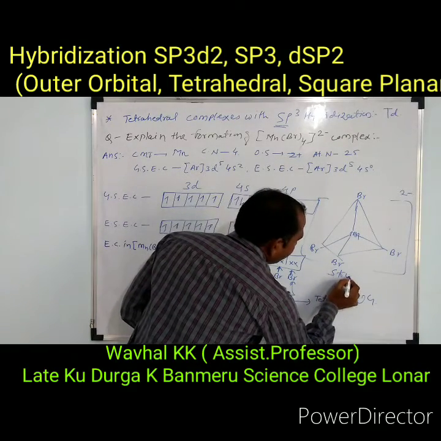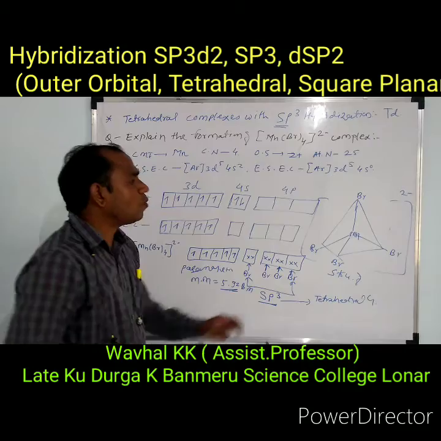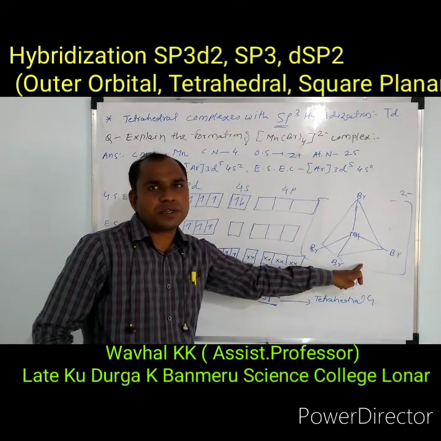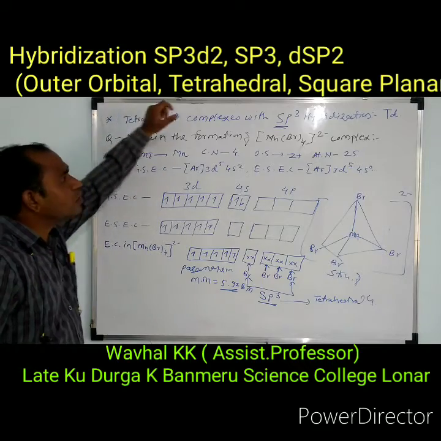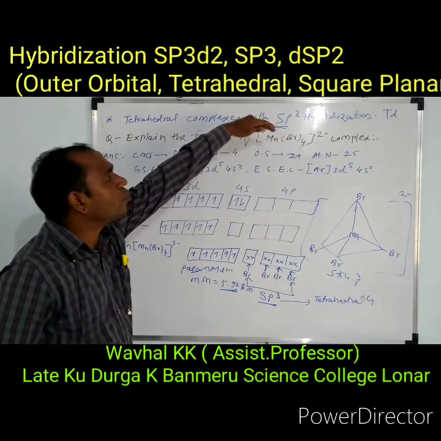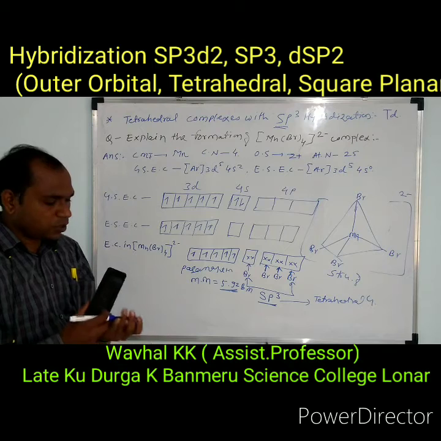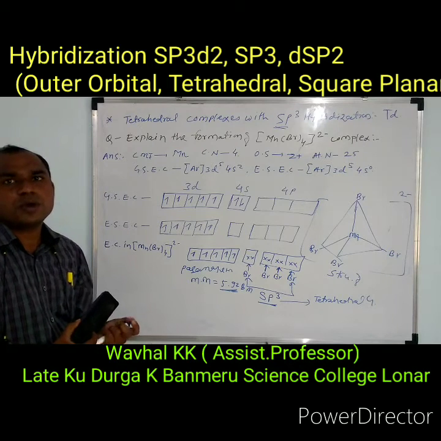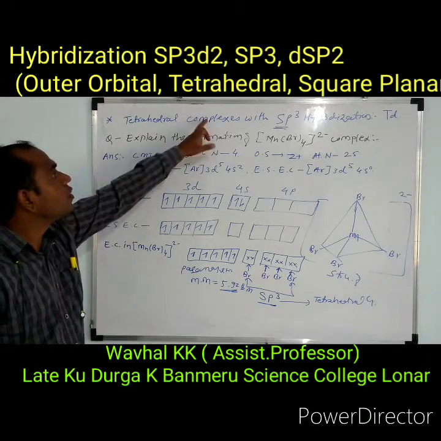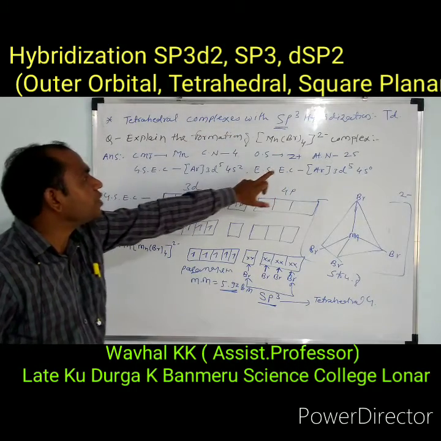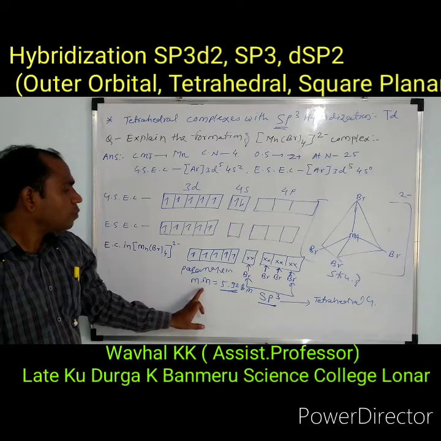This is the structure of this complex. It is called the tetrahedral geometry. In this way, we can explain all the information of the [MnBr4]2- complex. This is the complex with sp3 hybridization and paramagnetic nature, with its magnetic moment.